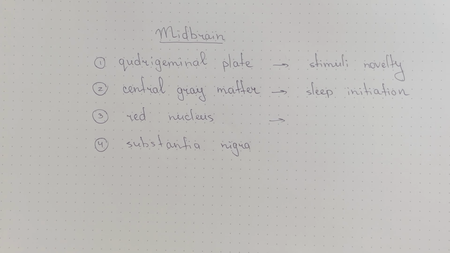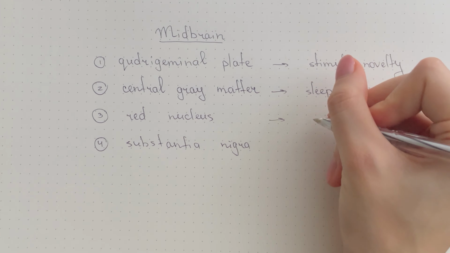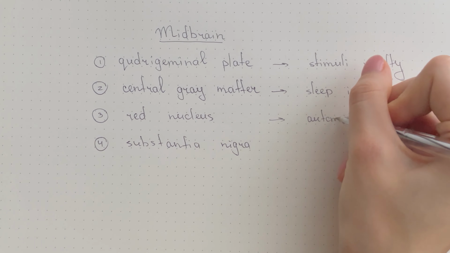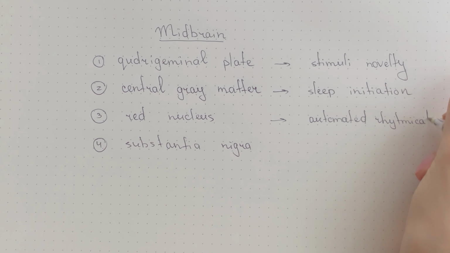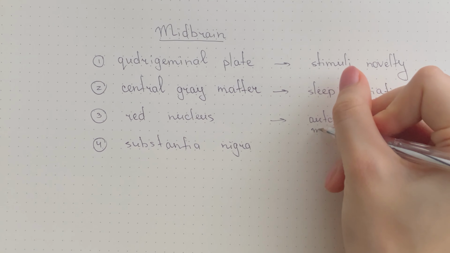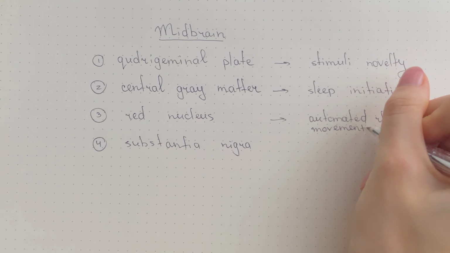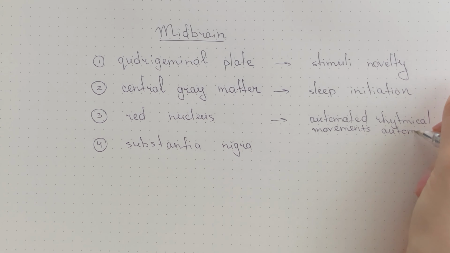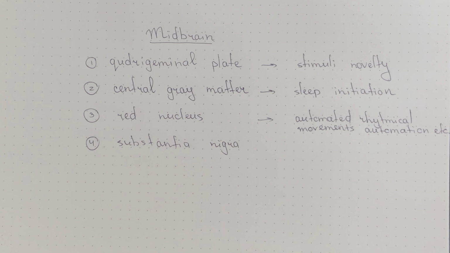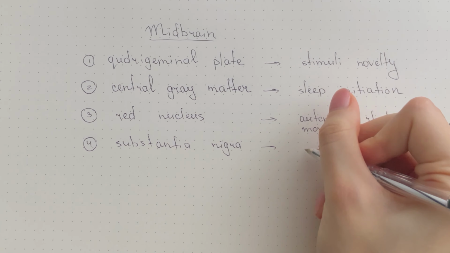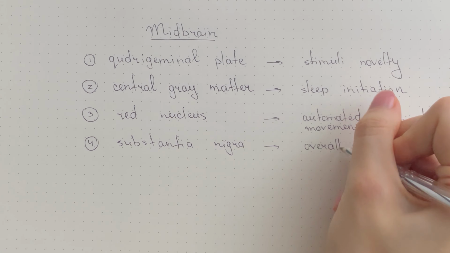The red nucleus works together with the cerebellum and helps, for example, to bend the arms and legs when we run or walk somewhere. The substantia nigra carries out its functions together with basal ganglia, largely determining the overall level of our motor activity.